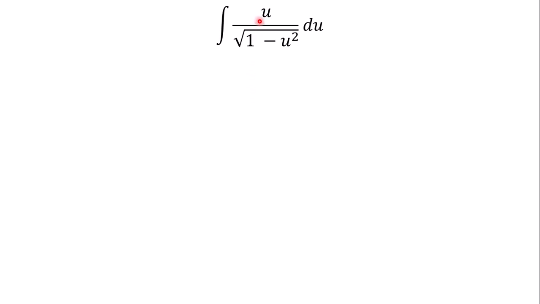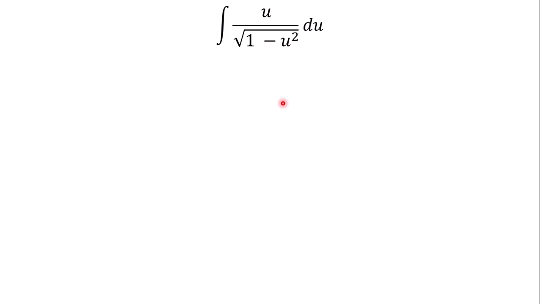Because u is here and u squared is also here, we know that when we differentiate this, we can get this one. So we are going to do substitution, of which whatever we get, we use it to eliminate this u.